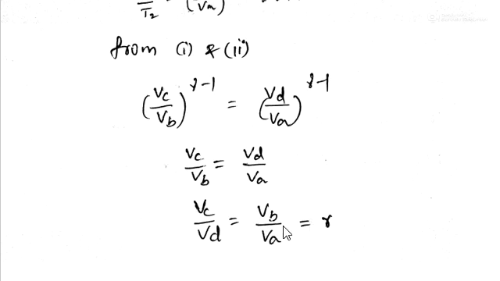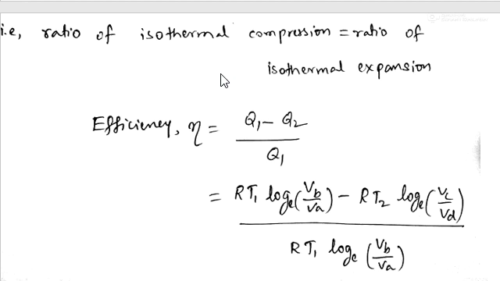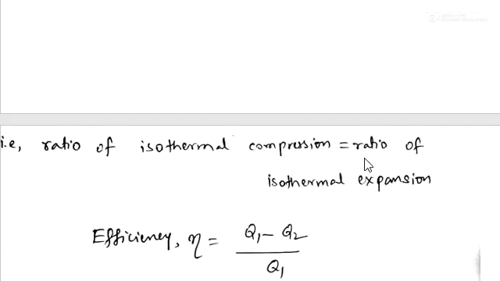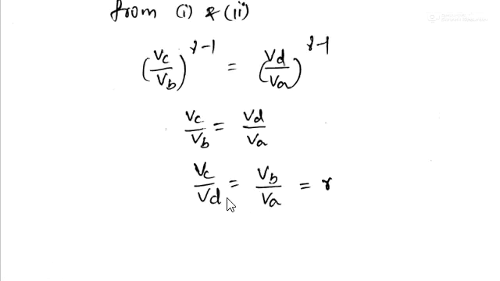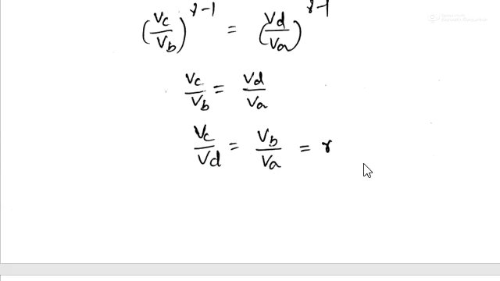Let us take these ratios as r. The ratio of isothermal compression C to D, V_C by V_D, and of isothermal expansion, V_B by V_A, are the same.